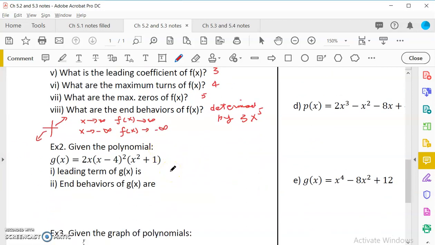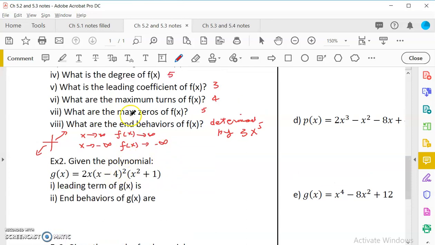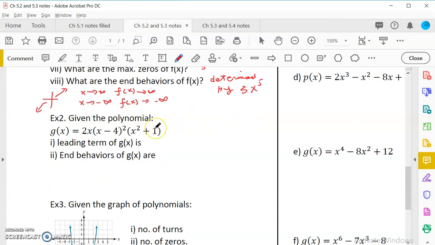Example 2, I have a polynomial that is factored, not written out term by term. But if you expand it out, it will be, right? So what is the leading term? Is it x? What do we do? So we will try to expand it, but not everything. We're just interested in expanding the highest degree term. So what is the highest degree here? So I have 2x. I have x.